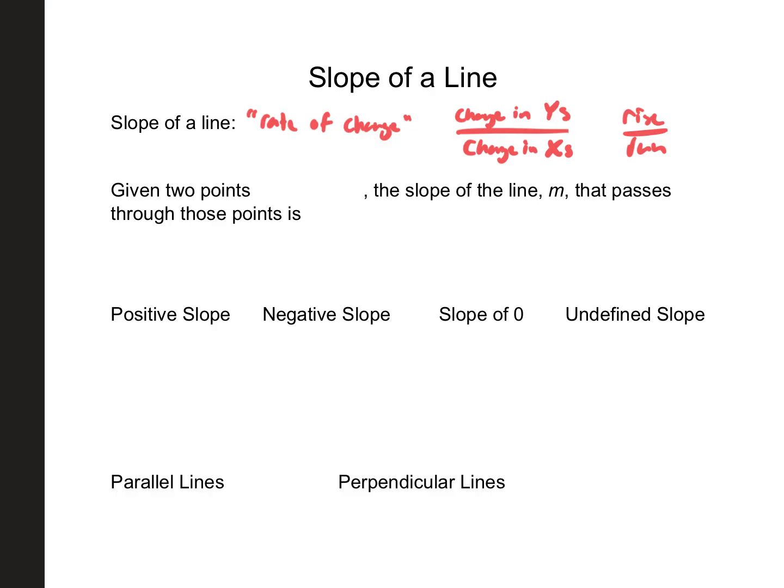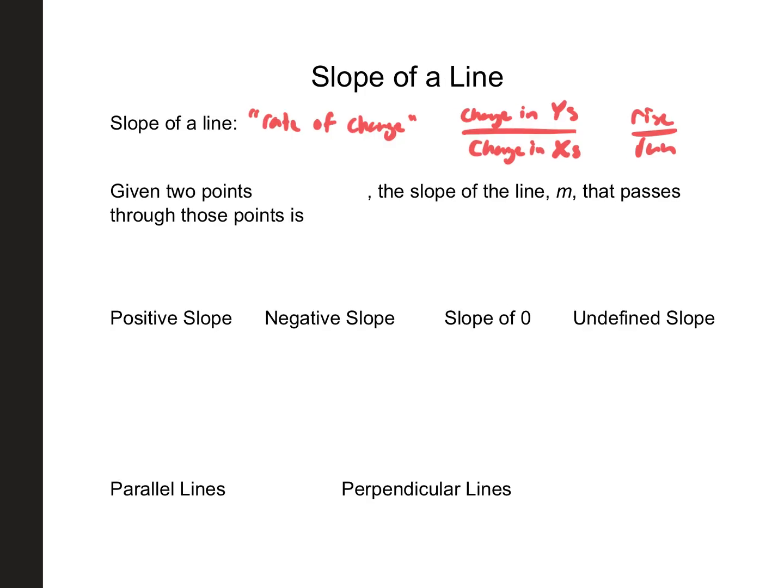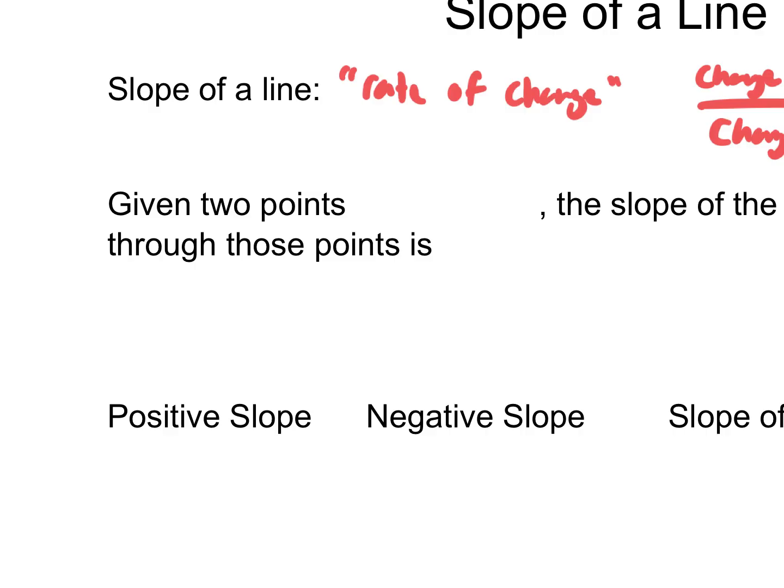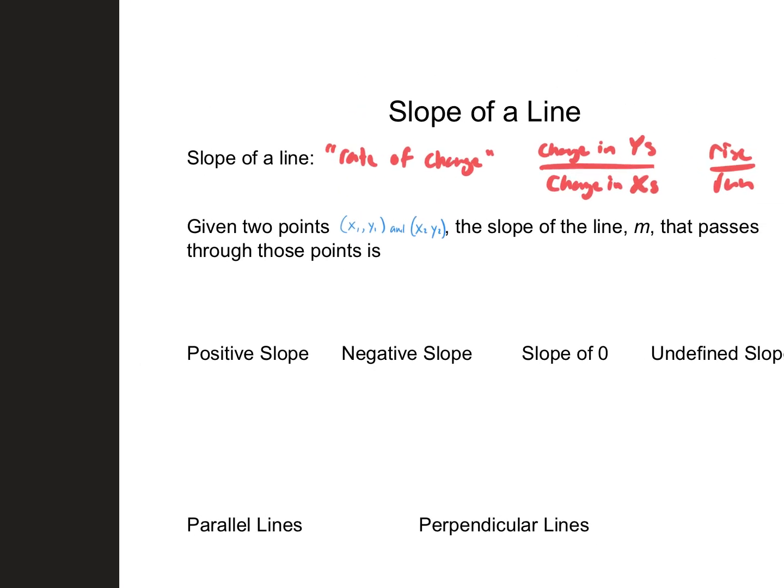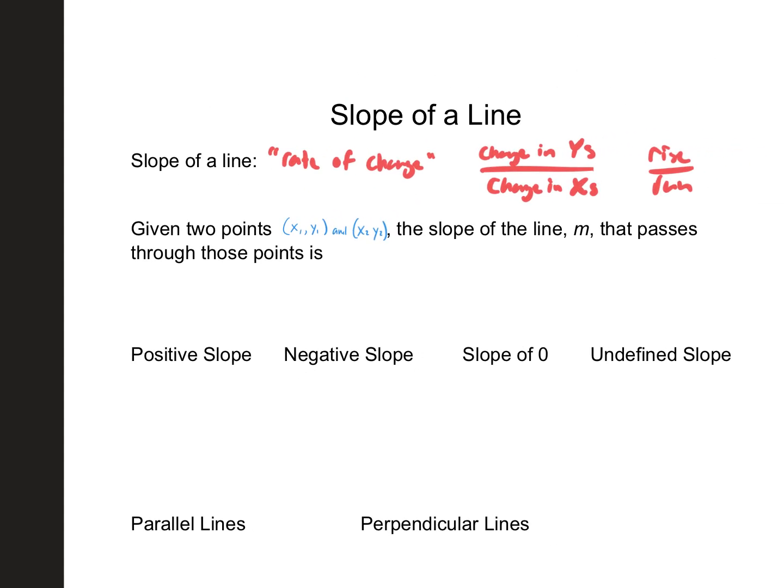But at the end of the day, the real thing that we want to focus on is how do you actually find slope? So this goes back to the first few things we were talking about. If you were given 2 points, some x1, y1, and some x2, y2 that your line passed through, you could calculate the slope of the line that goes through those 2 points, slope being referred to here not as capital M, but as lowercase m.